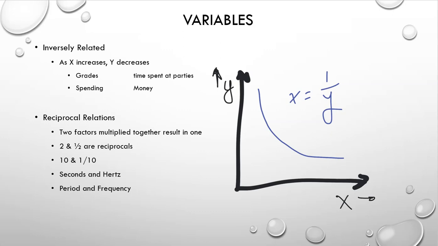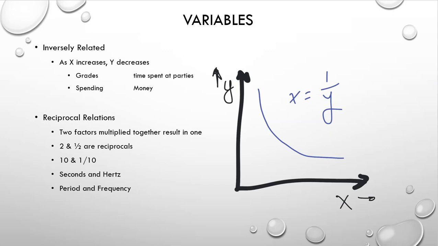Hertz is a measure of frequency. So seconds and frequency multiplied together equals 1. The period is a measure in seconds, and the frequency. You multiply those together, you end up with 1. So those are reciprocal relationships.